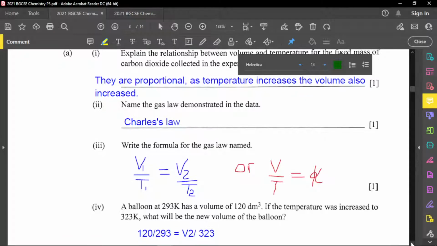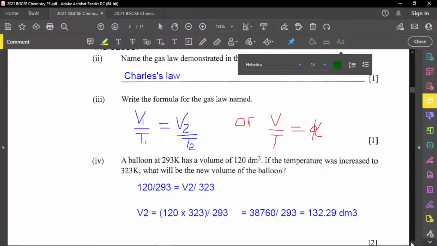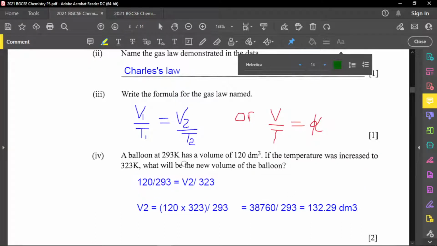For part 4 of the same question, a balloon at 293 Kelvin has a volume of 120 dm cube. If the temperature was increased to 323 Kelvin, what will be the new volume of the balloon? Based upon the same formula, V1 over T1 equals V2 over T2.